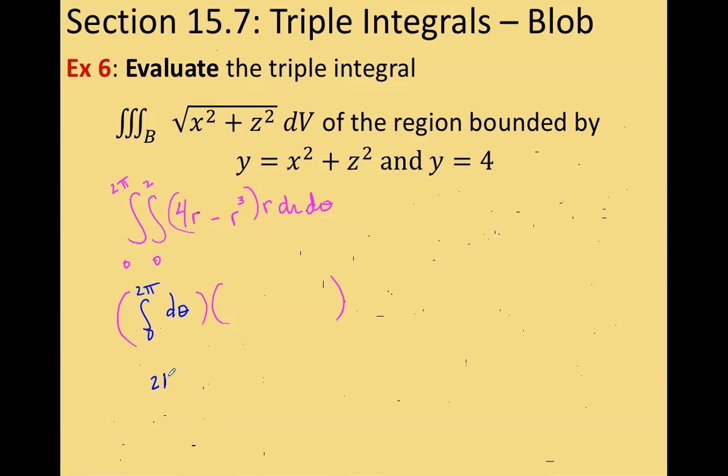Which is just going to give me 2 pi, right? And this is 4r squared minus r to the 4th over 4. So integrating that, whoops, sorry, this is just r to the 4th. I was already thinking of integrating, wasn't I?